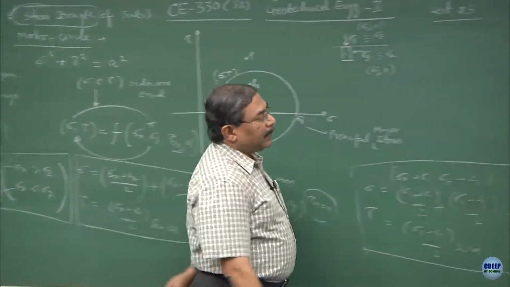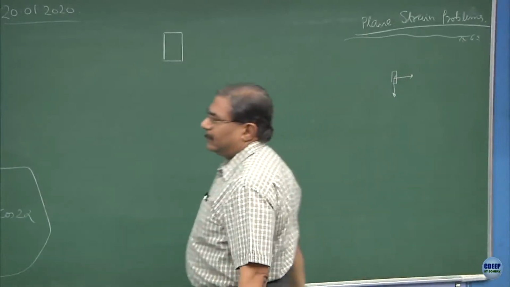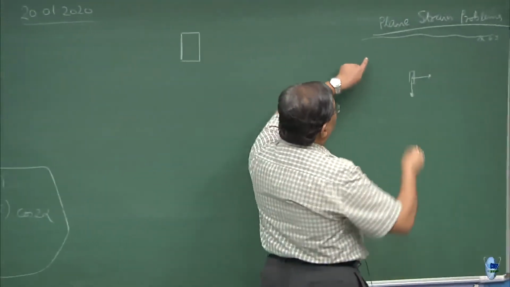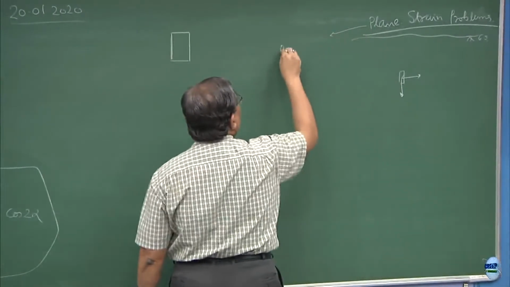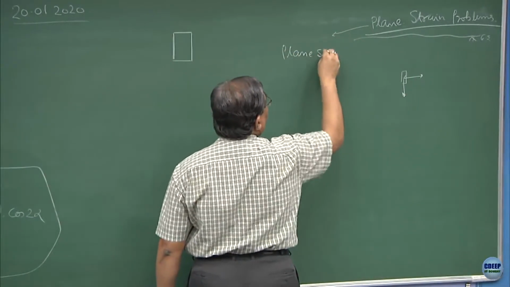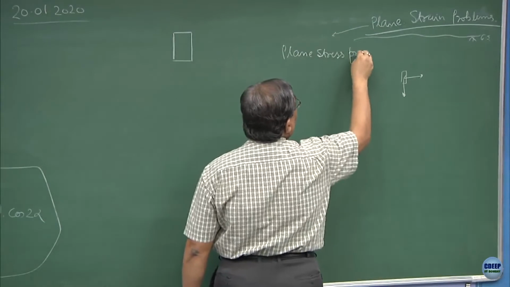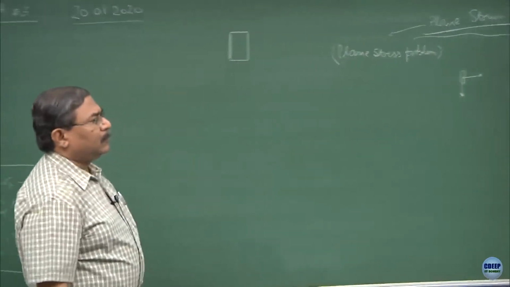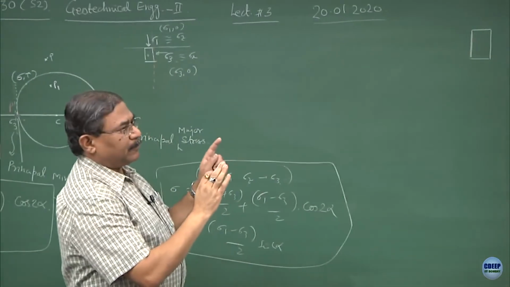So these are the plane strain problems, it is in a plane. The reverse situation would be a plane stress problem. So right now we are going to deal with only plane strain problems.